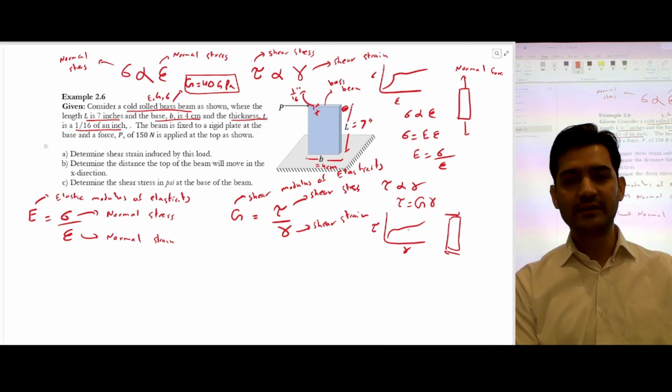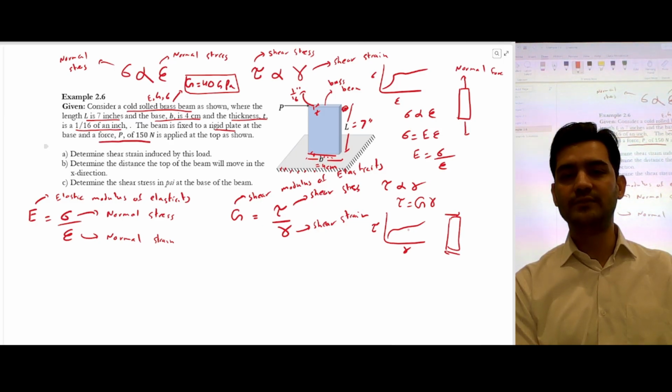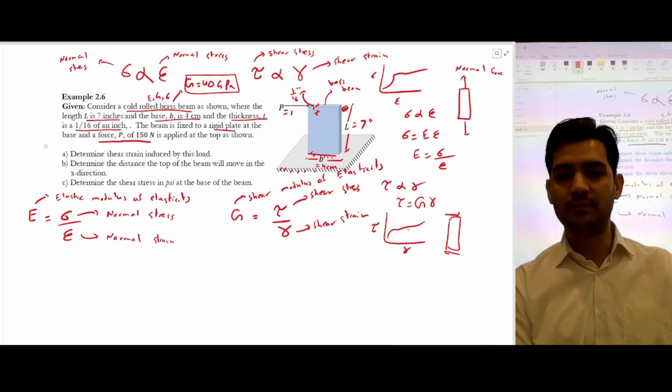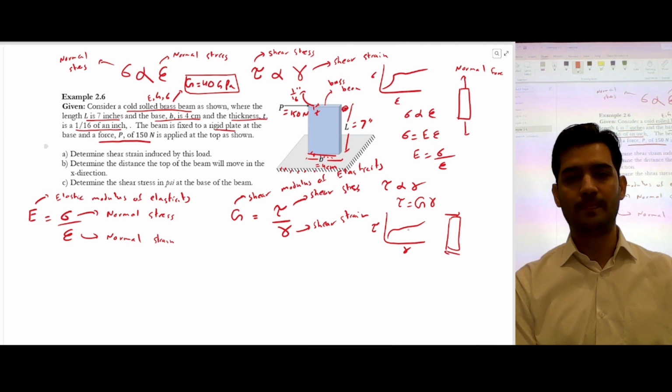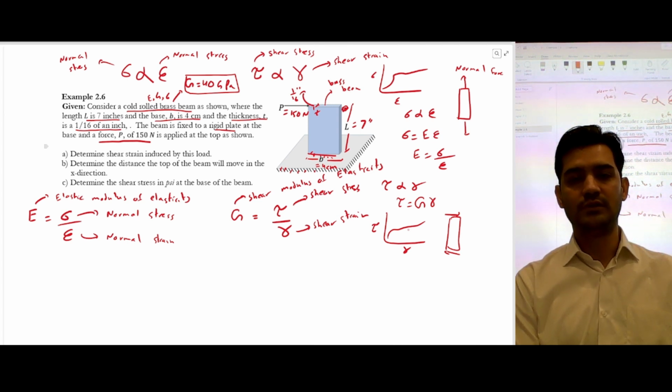The beam is fixed to a rigid plate, so it's a fixed support, and the force P is 150 Newton. So the force which is being applied is 150 Newton at the top as shown. So the first question is we have to calculate the shear strain.